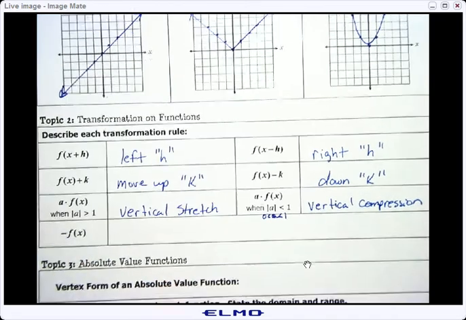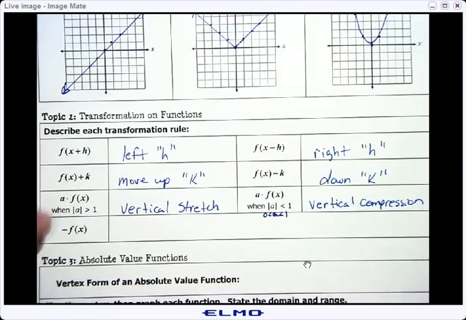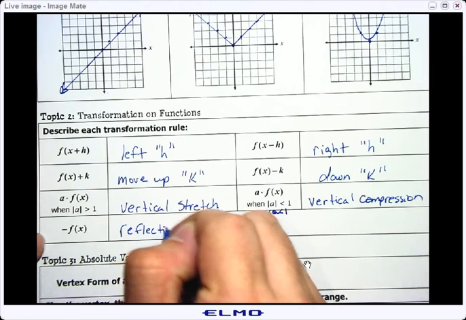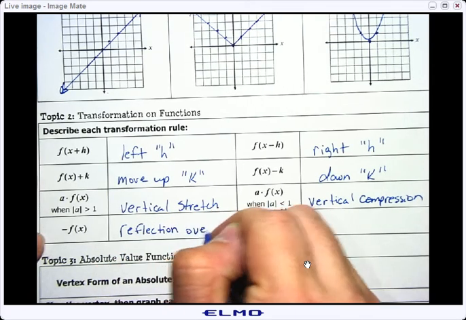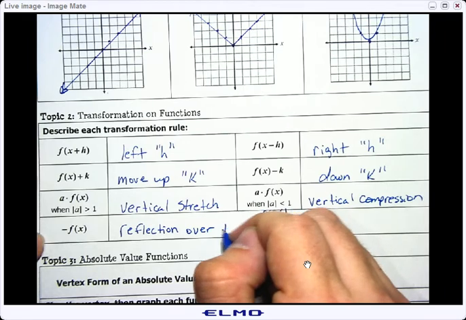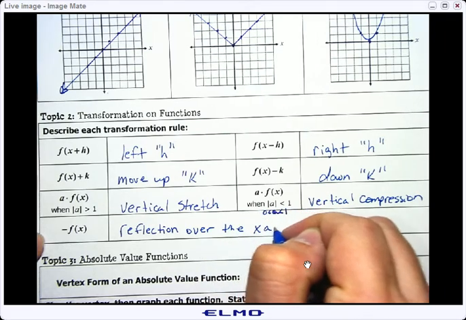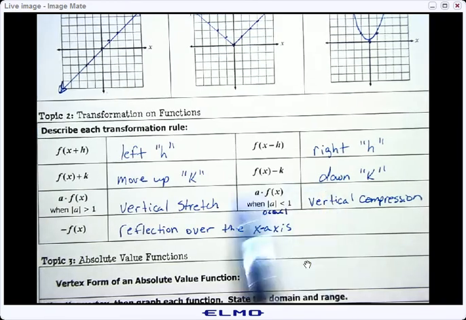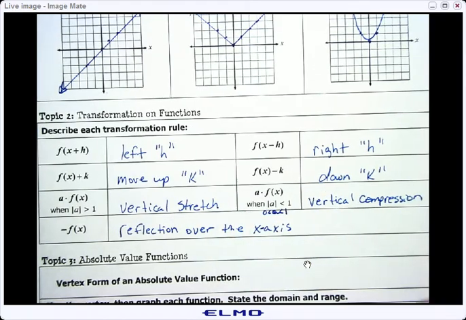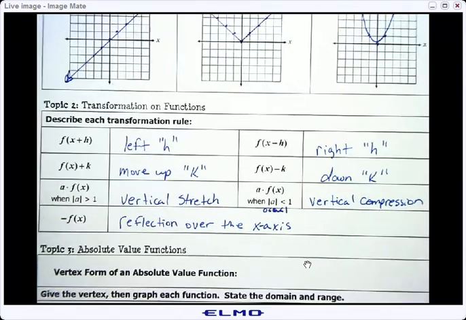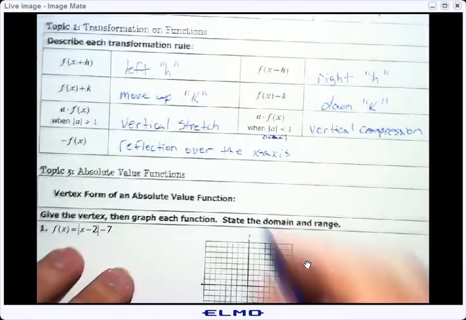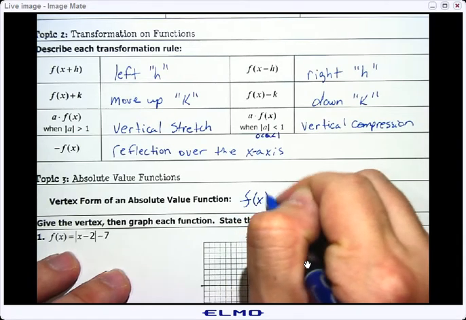And the negative x, or negative f of x, so the negative in front, that's a reflection over the x-axis. All right, if you need to review any of this, look at that purple sheet that I gave you in class.